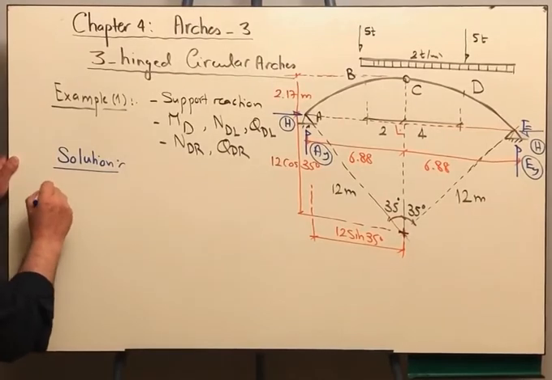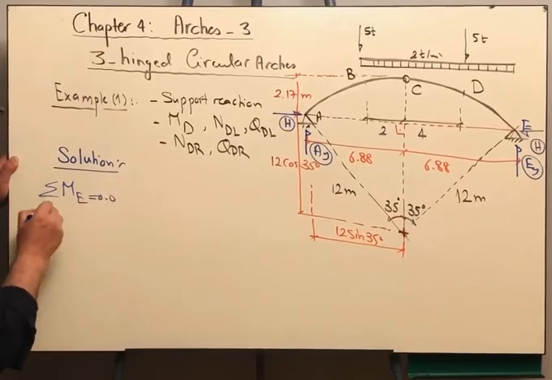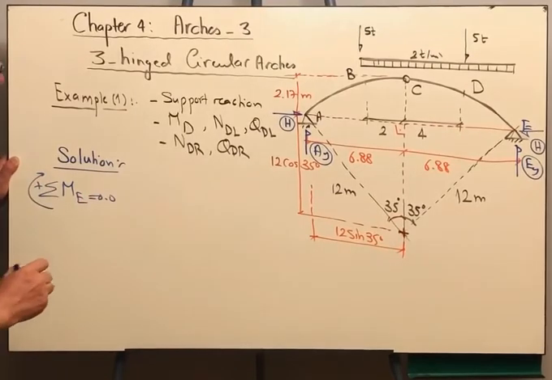So I will say sigma, the moment about point E is equal to 0. This is the positive direction.